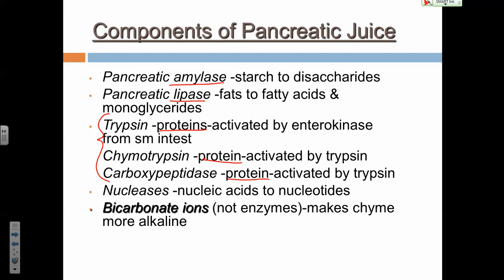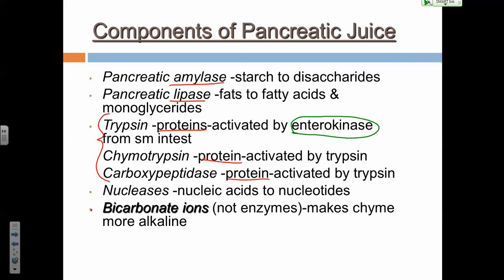And because they break down proteins, they're aggressive, so they've got to get activated by something, because they start off as an inactive form as they're released. But then once they're released, they get activated. What activates trypsin is an enzyme that's actually produced by the small intestine called enterokinase. Don't confuse that with the enterogastric reflex. They're totally different.